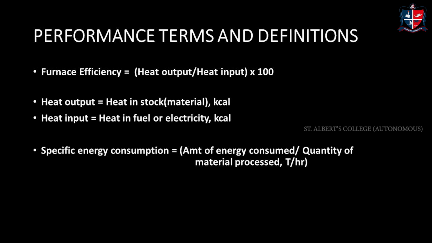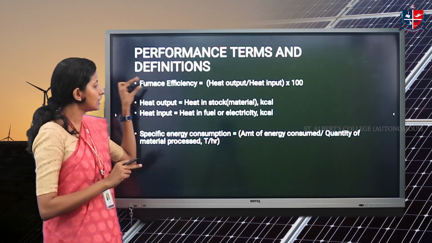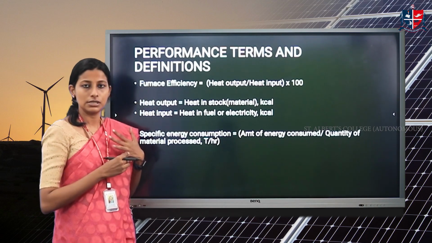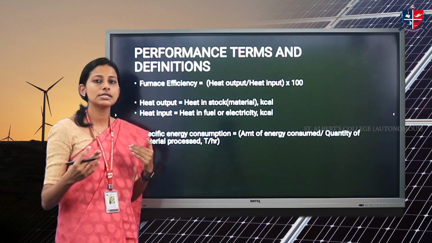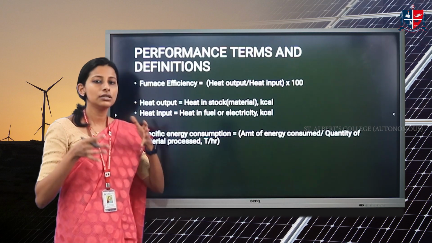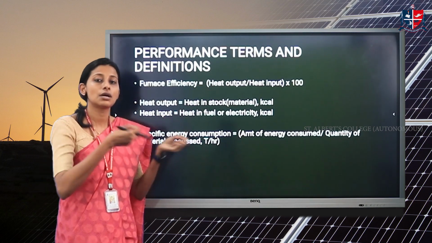Okay, so there are certain terms. As I said, we need to measure the heat balance, efficiency, as well as the energy consumption. These are the equations for measuring those terms. First, let's take furnace efficiency. We know that any efficiency is always the output of the system divided by the input. So in this furnace heating case, what is your output? Your output is definitely the heat coming out of the material.